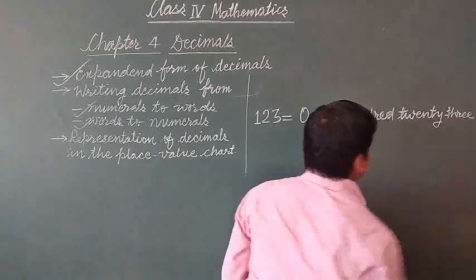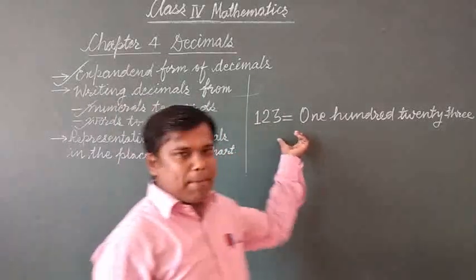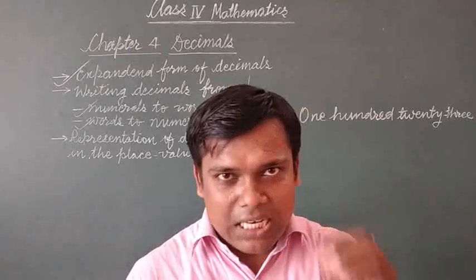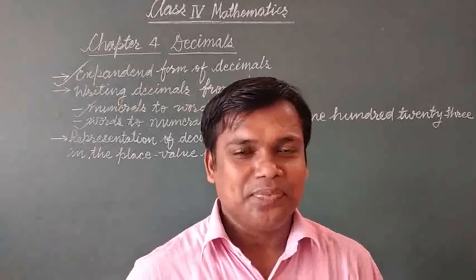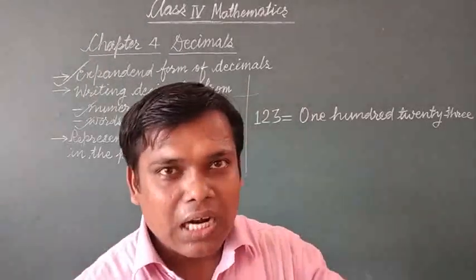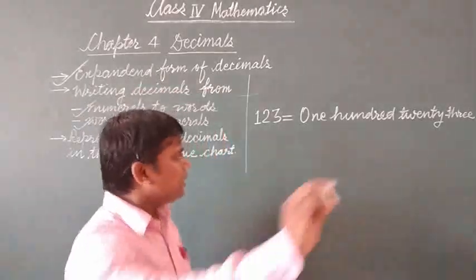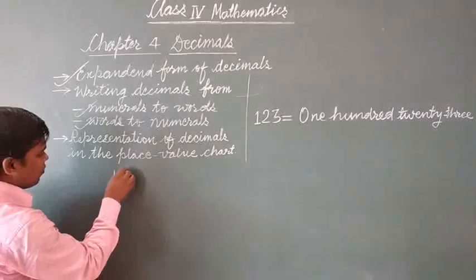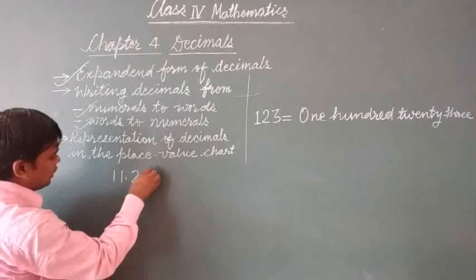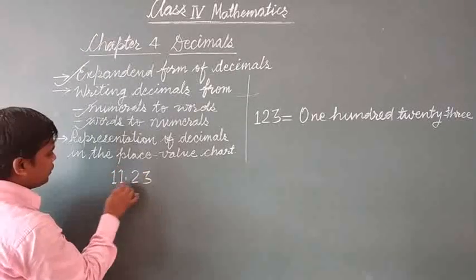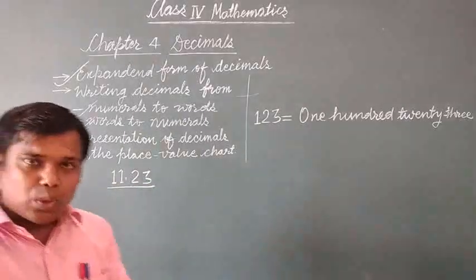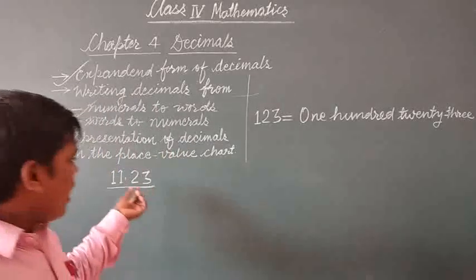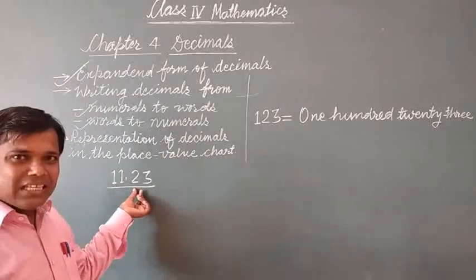It is number name of whole numbers or integral numbers. If we have to write the number name of a decimal number, then how to write? Suppose the given number is 11.23. As I told in the introduction class of decimals, after the decimal we read digits 1 by 1.